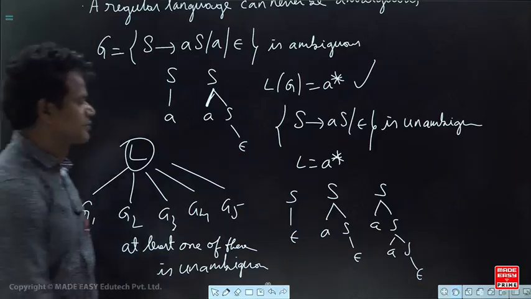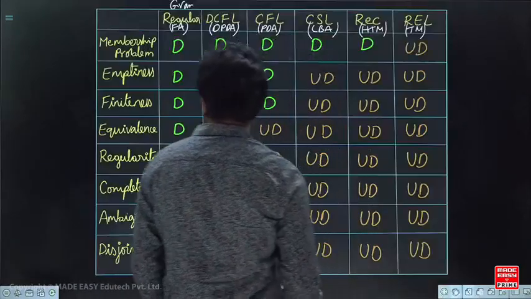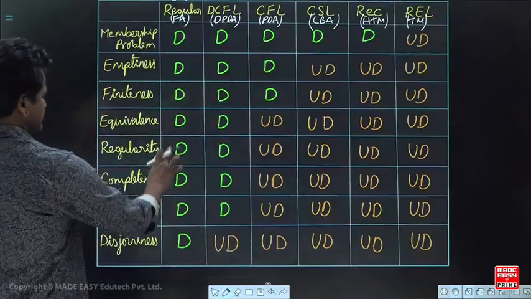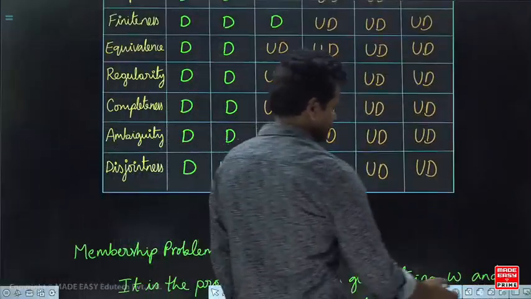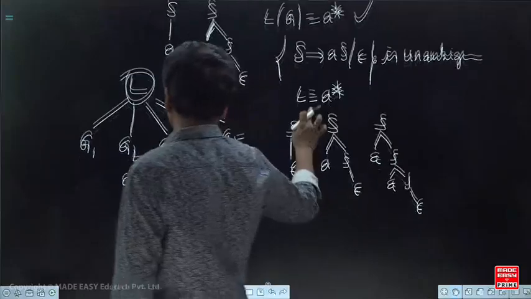Okay, now next one. Ambiguity done, then disjointness.